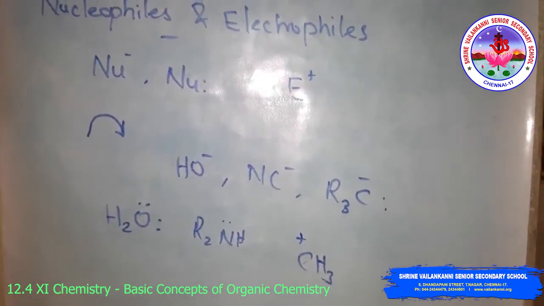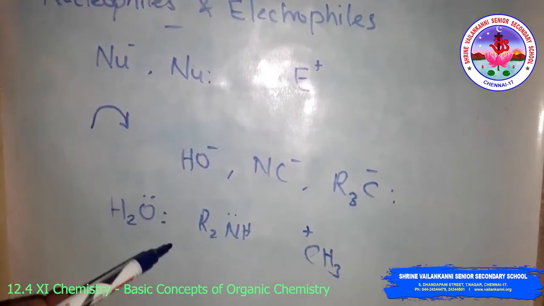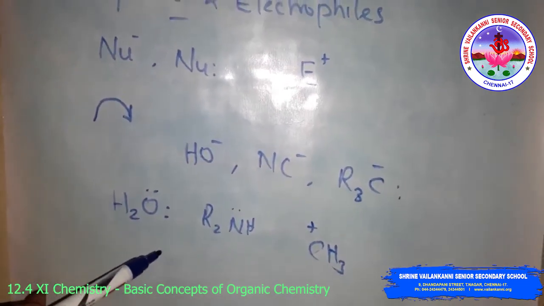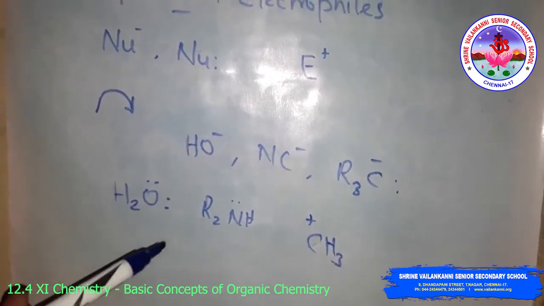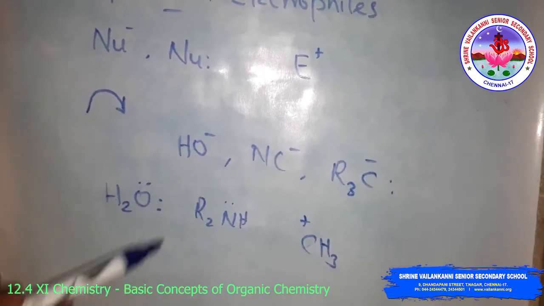In neutral molecules such as alkyl halides, due to the polarity of the C-X bond, a partial positive charge is generated on the carbon atom, and hence the carbon atom becomes an electrophilic center and the nucleophile can attack.